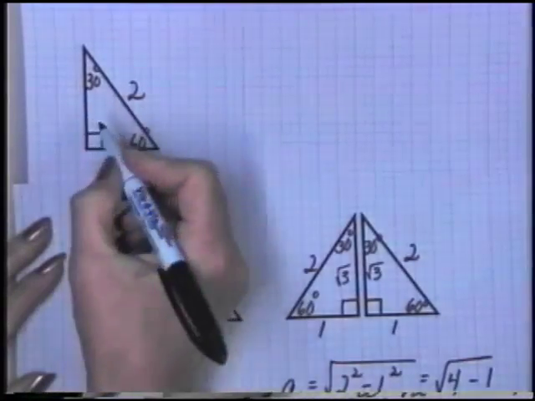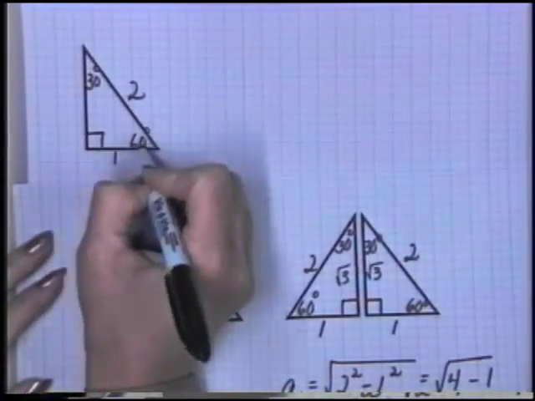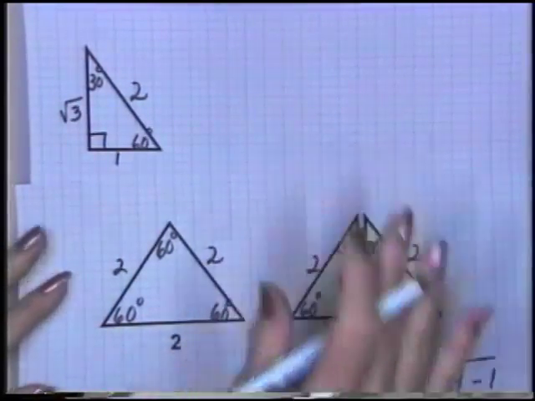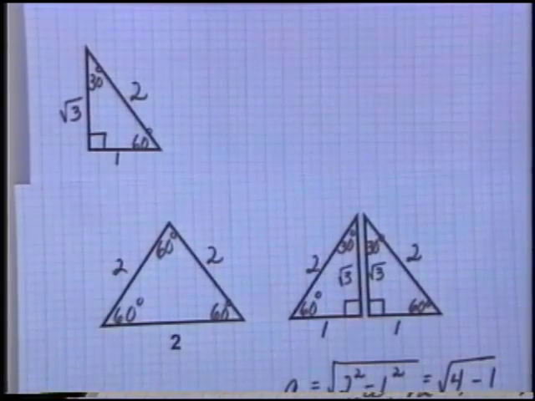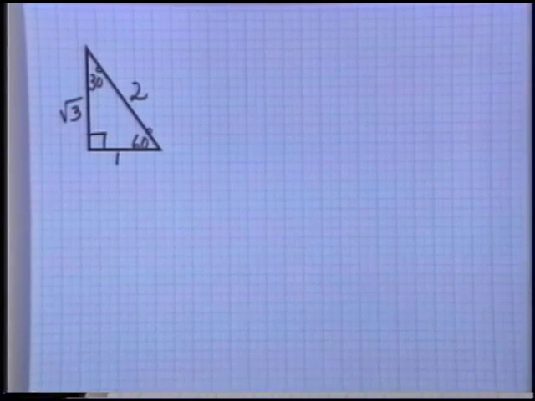Across from my 30-degree angle, the measure of the leg is 1, and the measure of the leg opposite the 60-degree angle is the square root of 3. So we will take this triangle and figure out, using our definitions of opposite, adjacent, and hypotenuse, the 6 trig functions of 30 degrees.